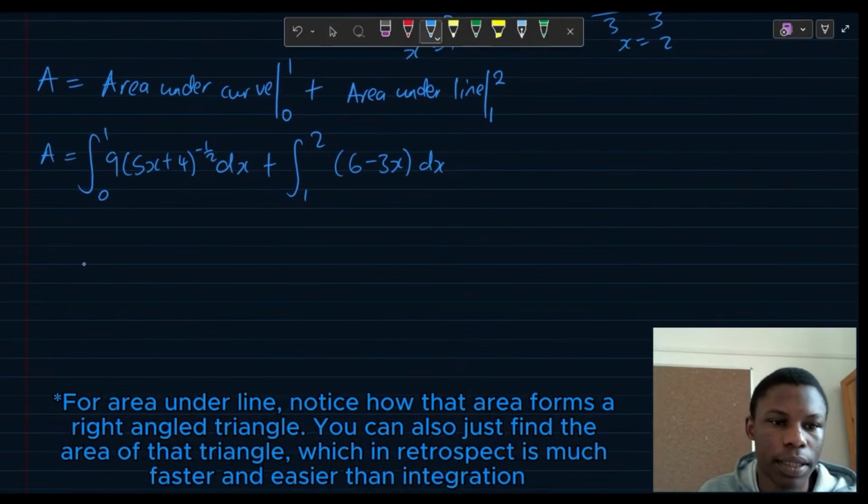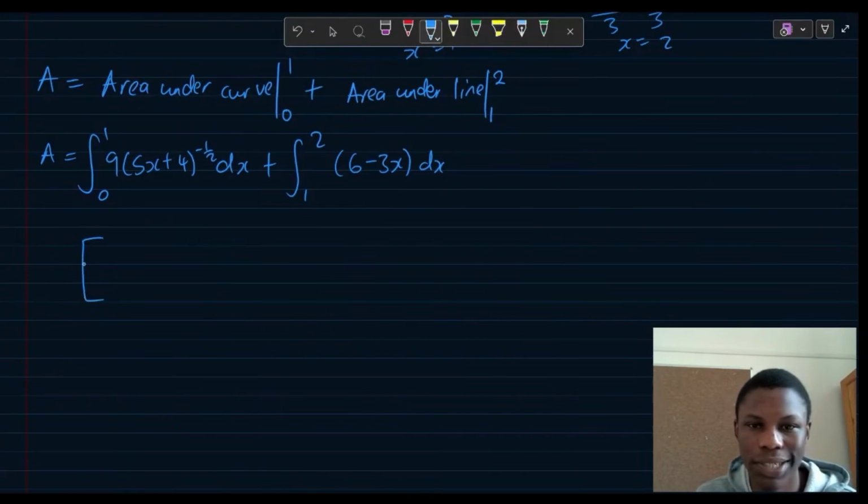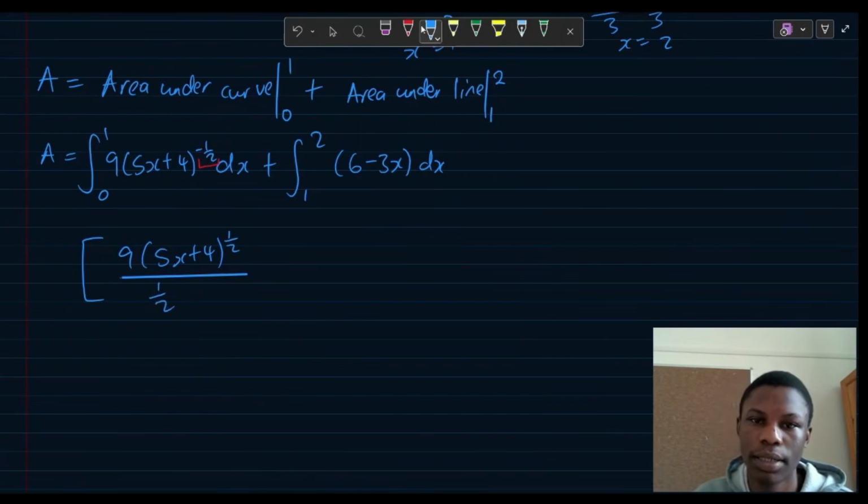Okay. So let's start by integrating our curve. So start with the outer function, the one with the power negative a half. So you just write the whole thing, 9, 5x plus 4, and now add 1 to negative 1 over 2. That becomes positive 1 over 2. Divide by the new power. And now differentiate the inner function.